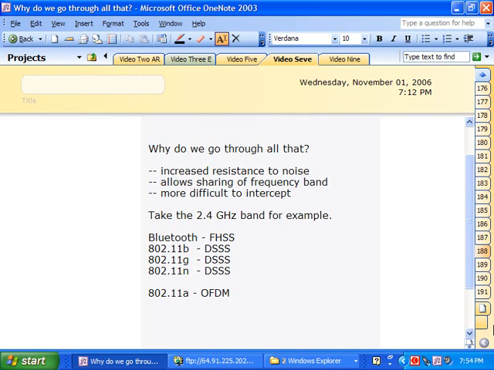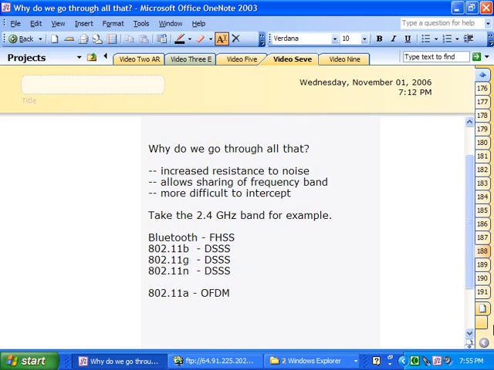Now, speaking of allowing sharing of the frequency band, let's take a look at the 2.4 gigahertz band, for example. Bluetooth, 11B, 11G, and 11N either use that bandwidth or can use that bandwidth.